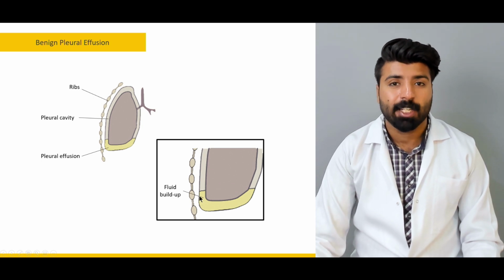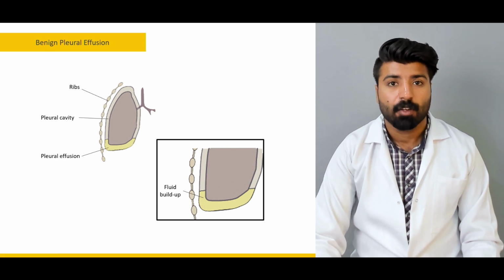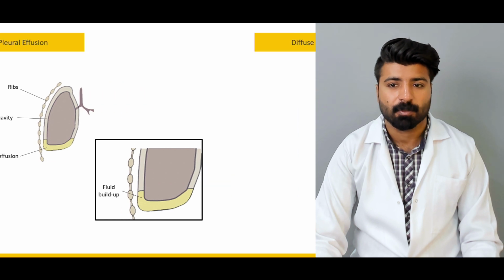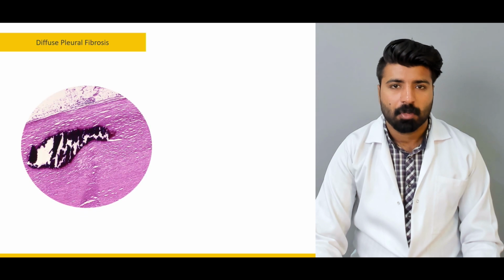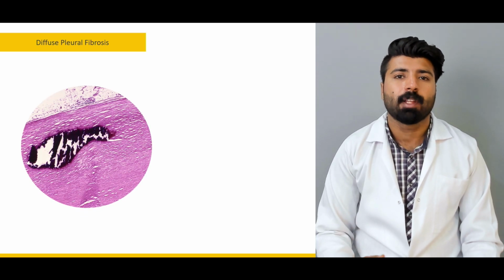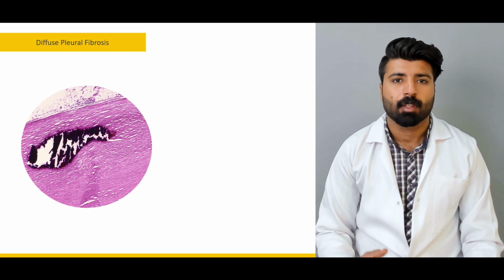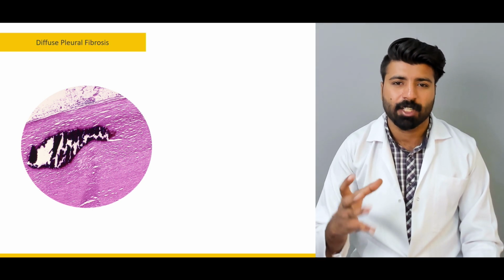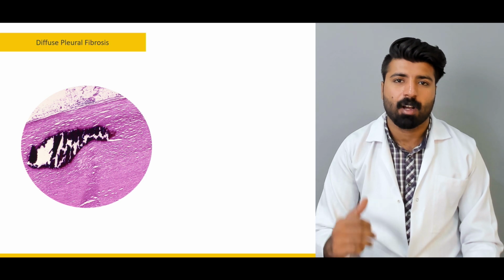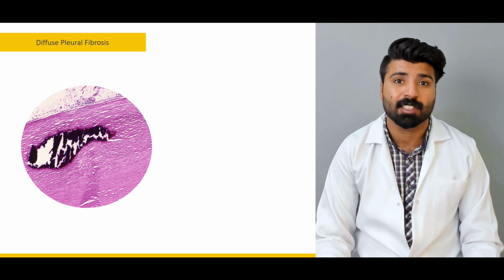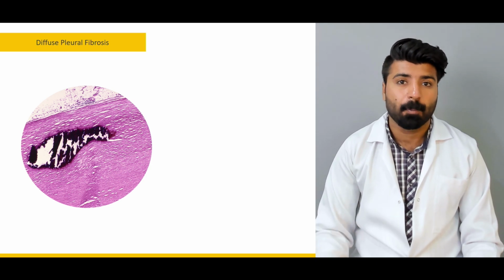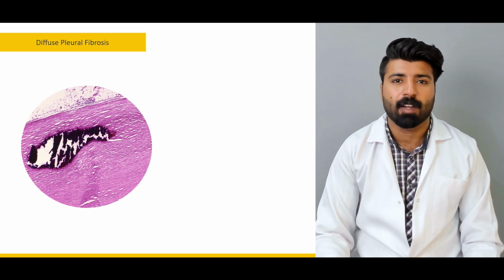And this fluid buildup will keep increasing if it's not taken care of. This will lead to further pathologies. This will lead to further fibrosis, and this will lead to diffuse pleural fibrosis. How will that happen? A lung is just like a sponge; if pressure is applied, it will stop working, it will just squeeze. And when a high amount of fluid is building up inside a lung, asbestos infection is happening and pleural plaques are being formed, it's more prone to the formation of pleural fibrosis.